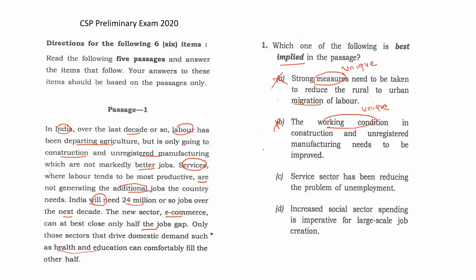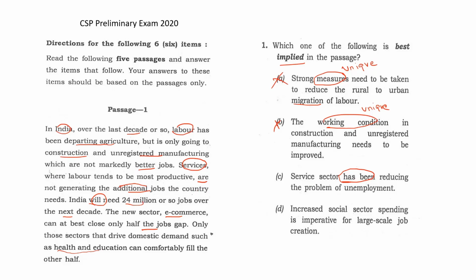Option C: service sector has been reducing the problem of unemployment. Are you sure? Where is the information that it has been? Has been means already started in the past and continues at present. Here you have services are not generating the additional jobs that India needs.